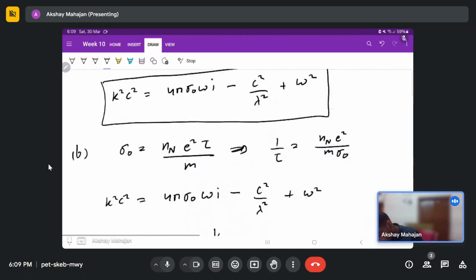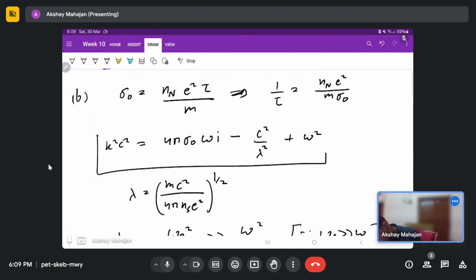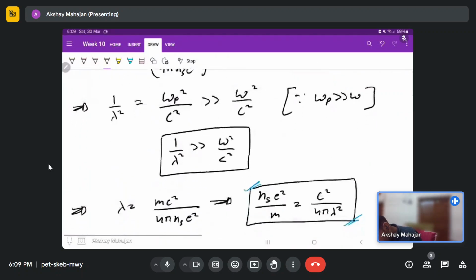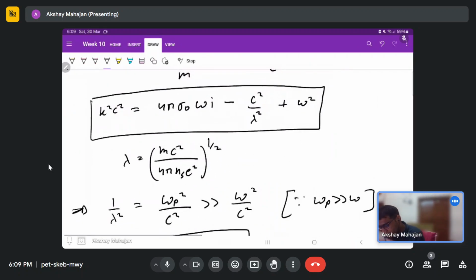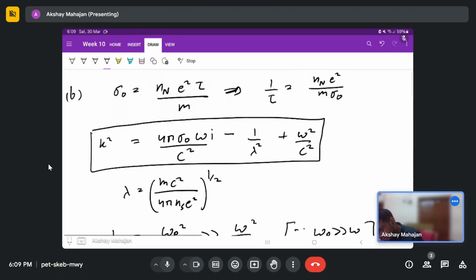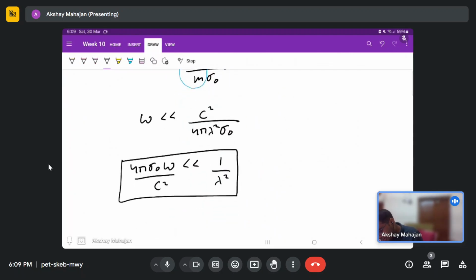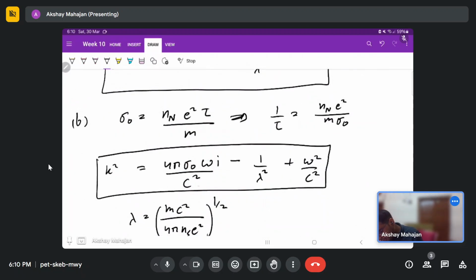From our main equation, we have already proved that 1 by lambda square is much greater than omega square by c square. And 1 by lambda square is also much greater than 4 pi sigma naught omega by c square, which is the first term here.